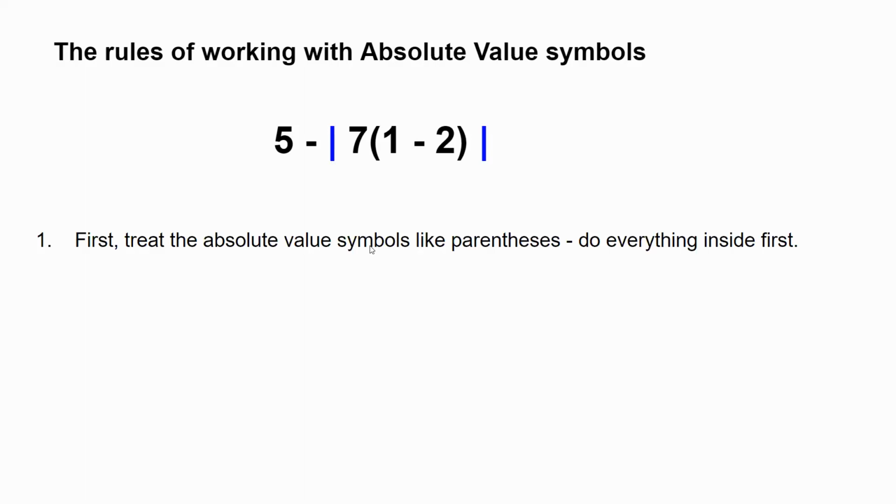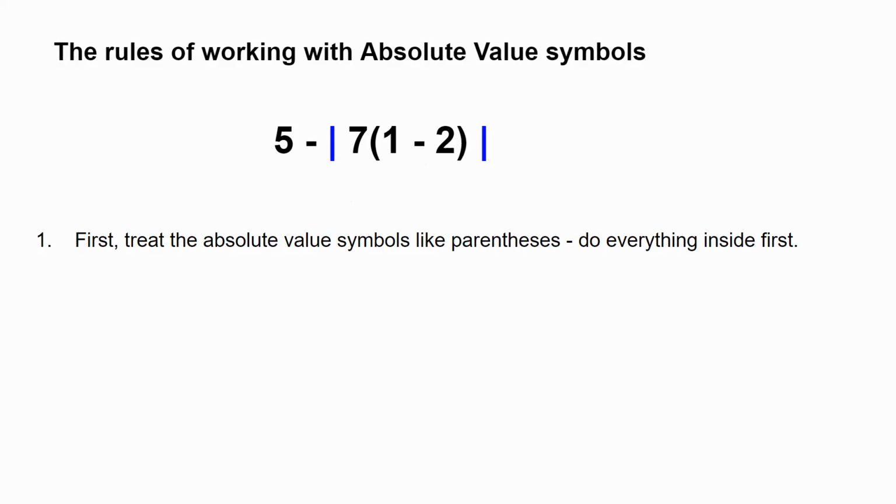The rules of working with absolute value symbols. Here's an example right here, 5 minus, and then we have our absolute value symbols, 7 times, in regular parentheses, 1 minus 2. First, we want to treat the absolute value symbols like parentheses, so we will do everything inside of that first. Within our absolute value, we also have parentheses, so we have to do that first.